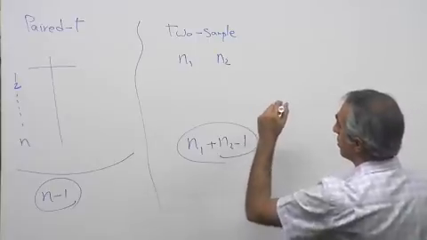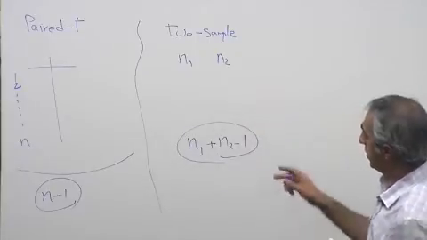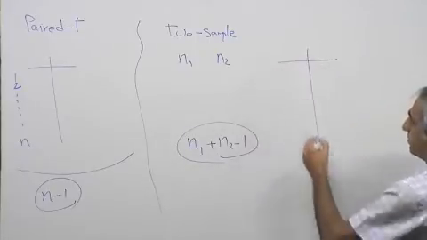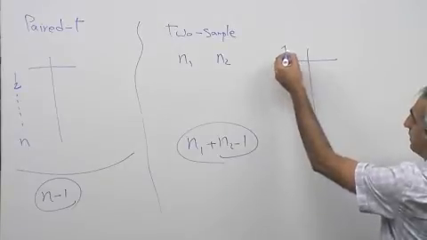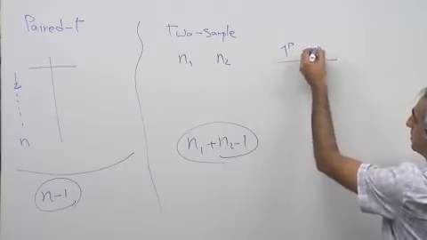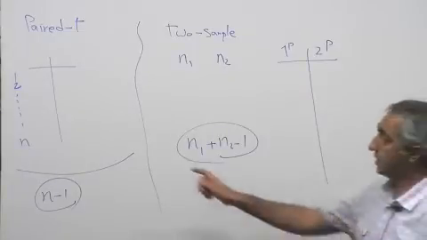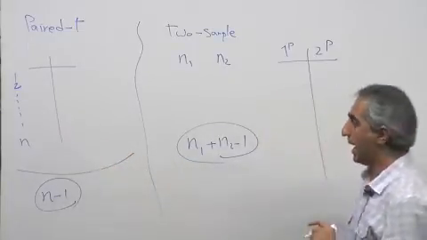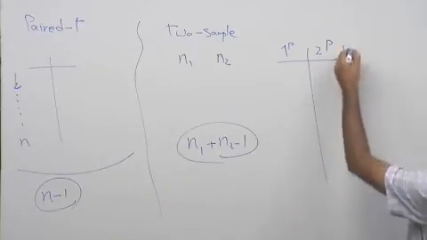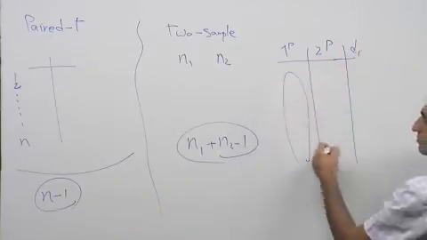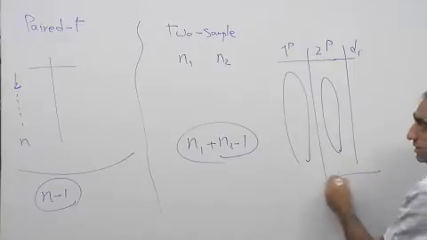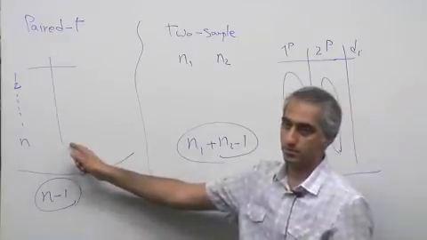But now the question is, let's say you have a two-sample case where the first population and the second population are independent. Okay? They are not dependent like this. Somebody may ask why you are not calculating di for this and then using the paired t.